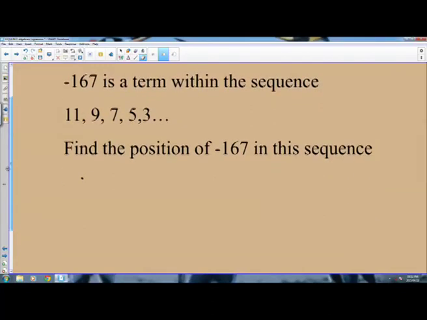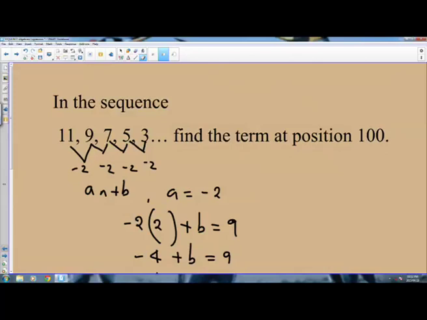Here it says negative 167 is a term within the sequence 11, 9, 7, 5, 3. Find the position of minus 167 in this sequence. So here we are to find the position of negative 167. This sequence is the same as the one we had before, 11, 9, 7, 5, 3.